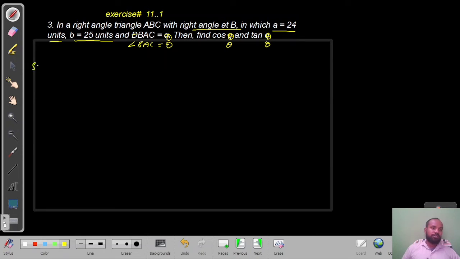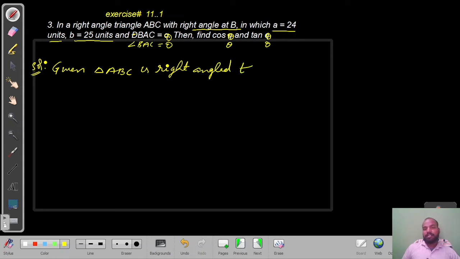Here I am starting the solution. First, given that triangle ABC is a right angled triangle.